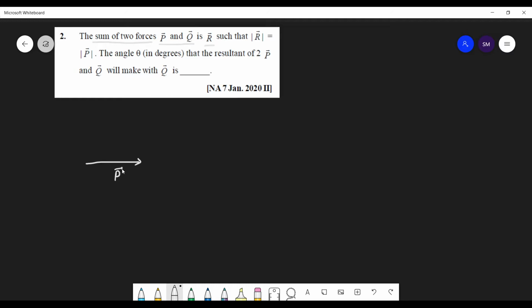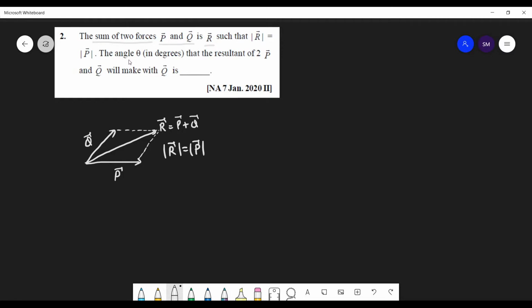Suppose this is P, and this can be Q. No issues, and the resultant is R, and that is equal to P plus Q, such that R is equal to P. So the magnitude of R is equal to the magnitude of P, one of the vectors.